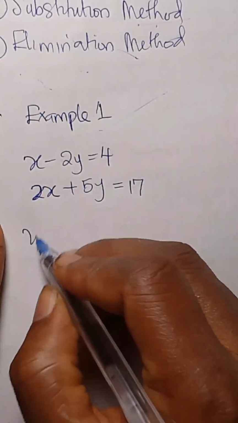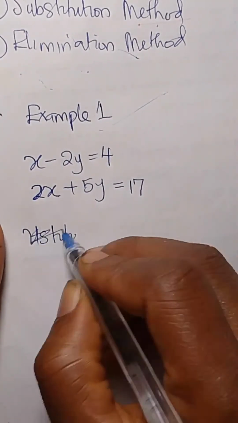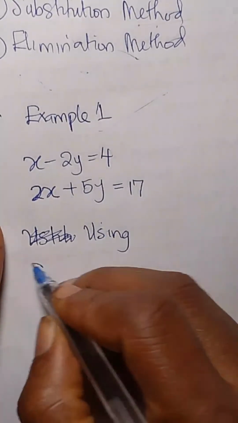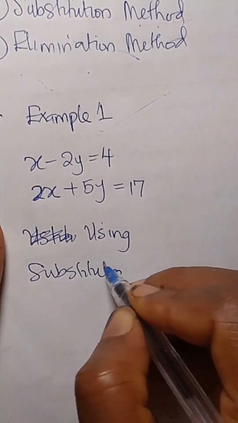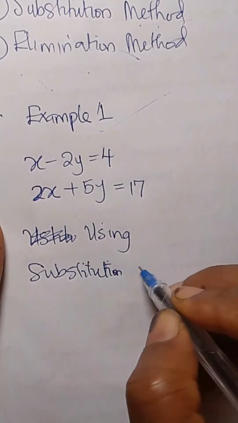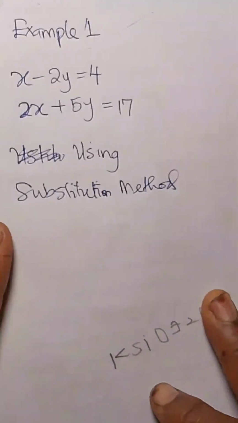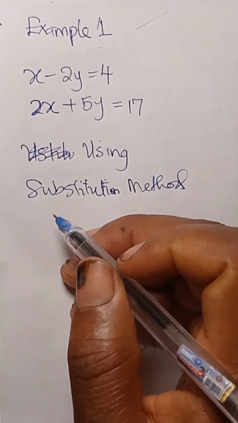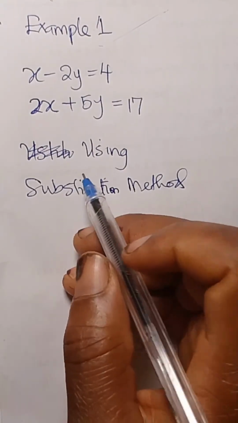So using the substitution method. Using the substitution method, one of the 2 unknowns is made the subject of the formula.